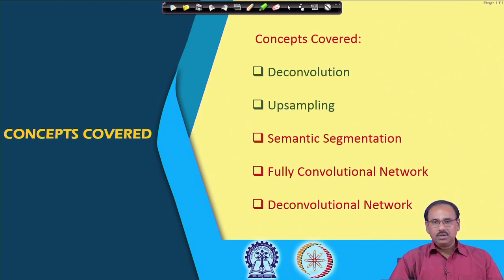Before going to the problem of how to obtain semantic segmentation of a given image using either a fully convolutional network or a deconvolutional network, let us see what is meant by image segmentation and what is semantic segmentation.